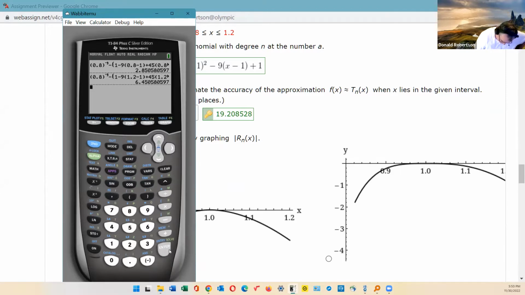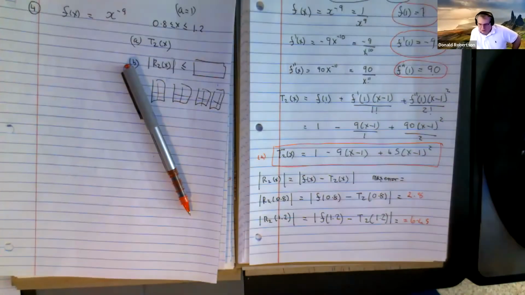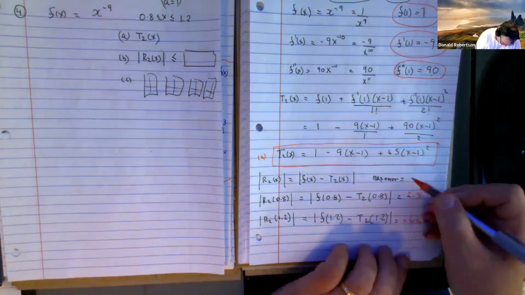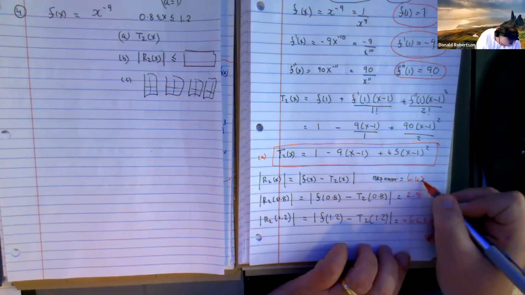And I get 6.45 and stuff. Now, they have an answer of 19.2, which I'm not too worried about, and I'll tell you in a moment why. First thing is, the maximum error, according to my calculation, is 6.45.